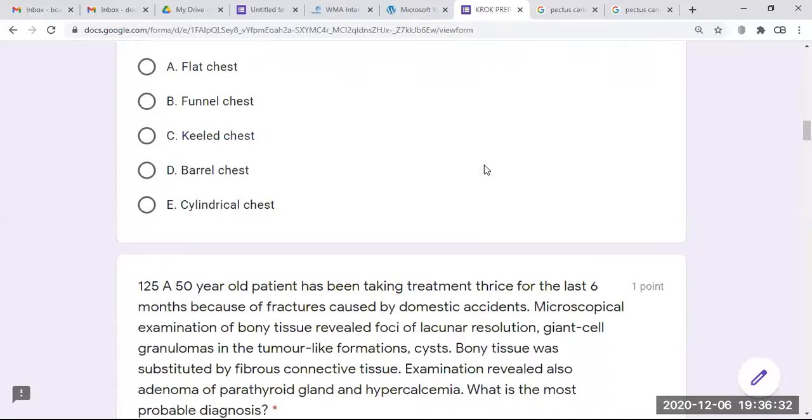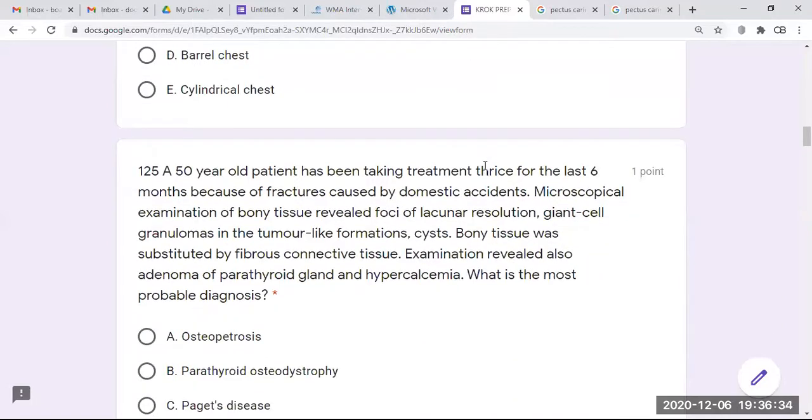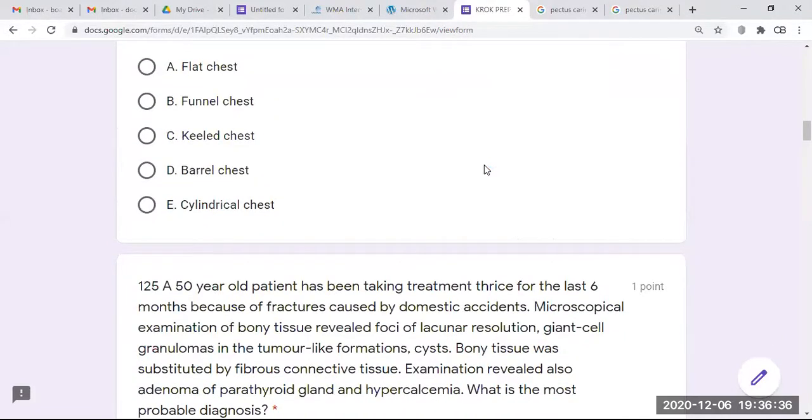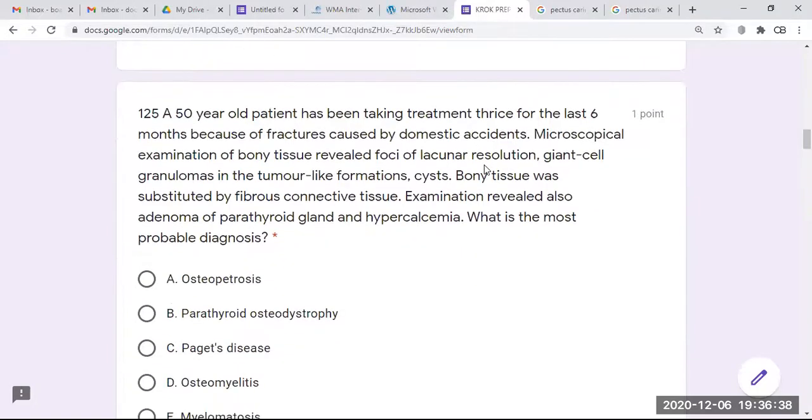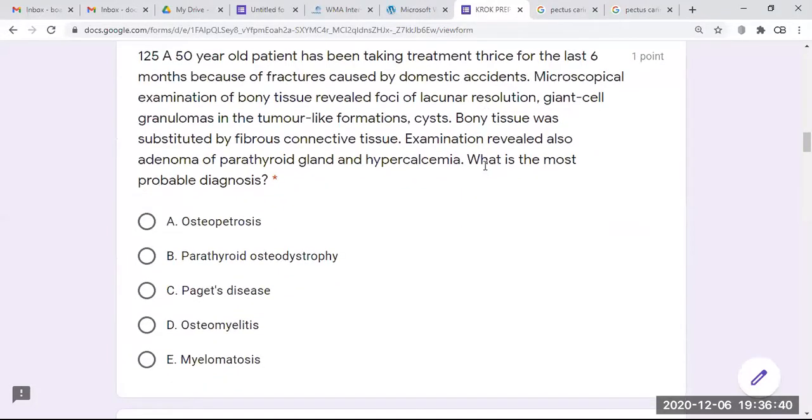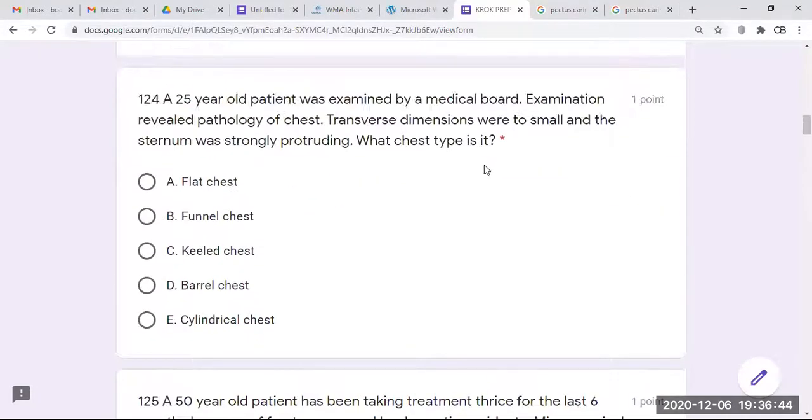In fact, these are all types of chest that, once you are doing physical examination, you should describe. If you are saying barrel-shaped chest, you are thinking more of a patient with COPD. If funnel-shaped chest, funnel-shape is the same as what? Pectus excavatum, because it's creating like a funnel. And even rickets can lead to that condition.